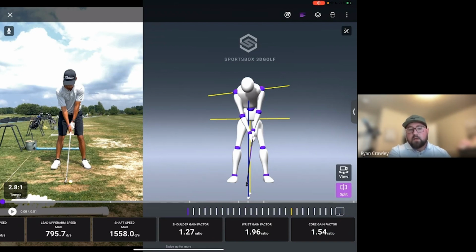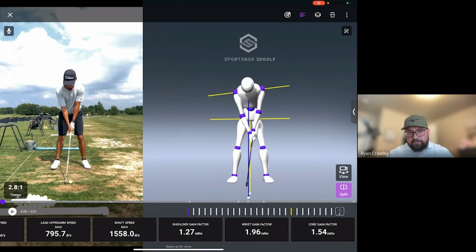We can also see with the wrist gain that's going to be the case too. You do shaft speed: 1,558 divided by 795 comes out to 1.96. Once again, you want it to be 2.3 there, so quite a bit low. And again, it's showing us that he's not able to take the speed from the lead arm and move that to the shaft speed.